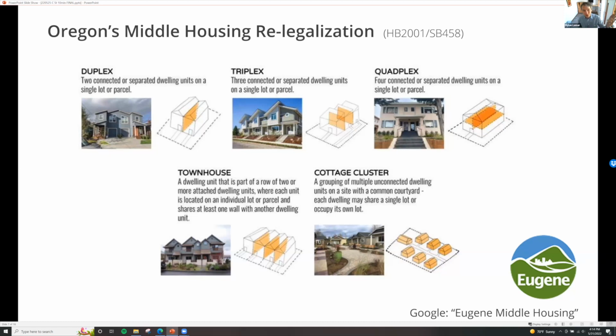So every lot statewide will be able to have a duplex. And then depending on the size of your lot, as it scales up to a triplex, a quadplex, a townhouse, and a cottage cluster. So they've decided to define these silos of housing types and made code requirements for each of them.